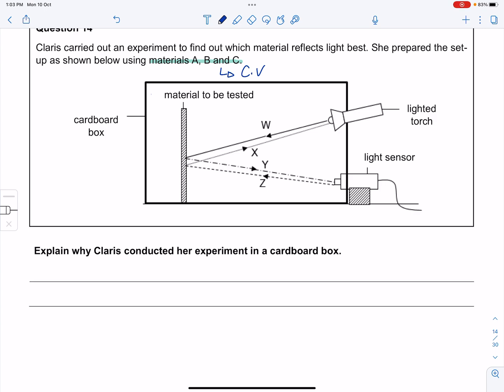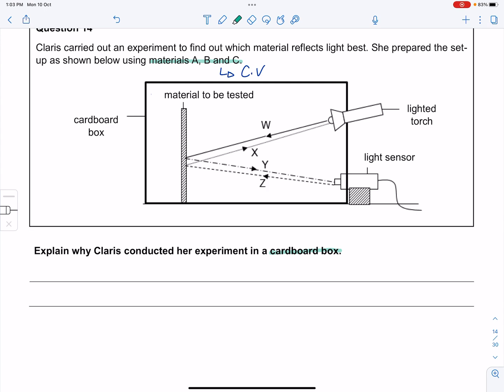Now, I always tell my students this. You cannot just say, oh, this is to ensure there's only one changed variable and hence it's a fair test. No, that's too general. Instead, always ask yourself, what is the alternative? Meaning, what's the opposite? What will happen if you do not conduct the experiment in a cardboard box, you do it in the open?